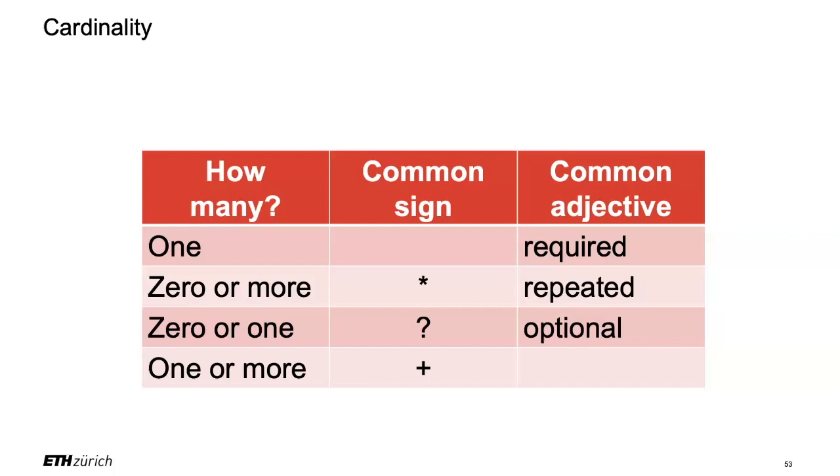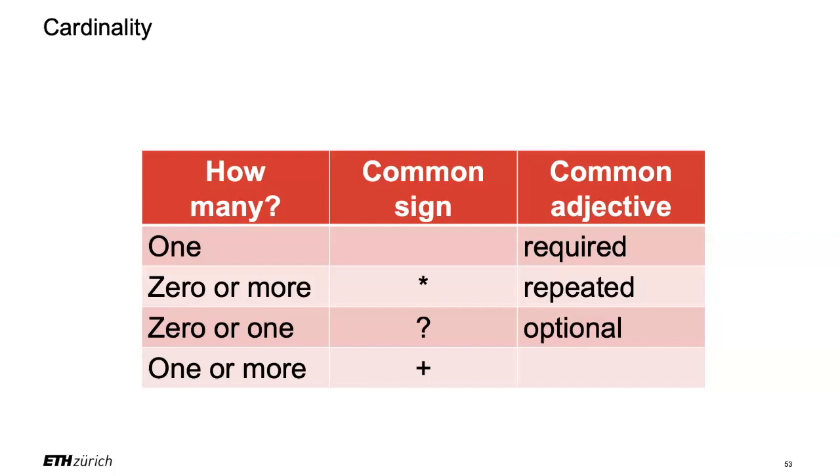In some systems, you don't use the asterisk, the question mark, and the plus. Instead, you use adjectives. For example, you could use required in order to say exactly 1. You could use repeated in order to say 0, 1, or more. Or you could say optional in order to say 0 or 1, right? So it really depends on your system. But in many systems, there is this idea of these 4 categories: 1, 0 or more, 0 or 1, 1 or more.